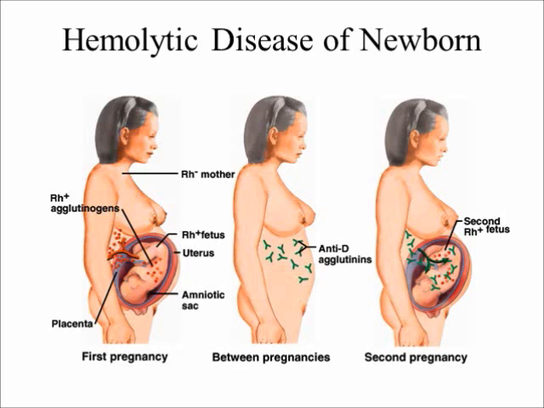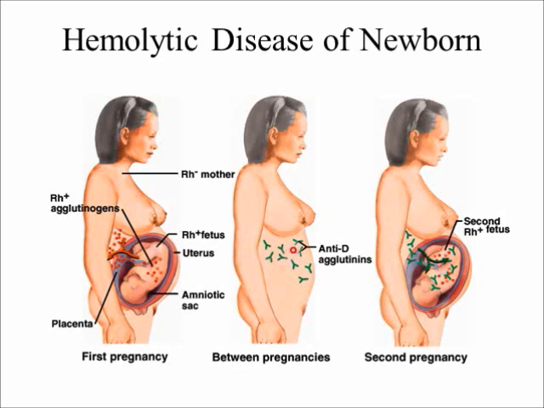So what happens is this. If the baby is Rh positive in the mother, and somehow or other, that baby's blood becomes mixed with the mother's, okay? The mother is going to see those Rh positive blood cells as a foreign invader.